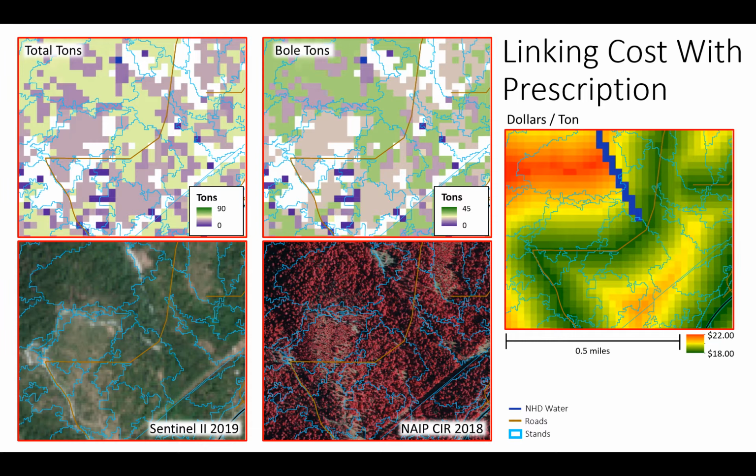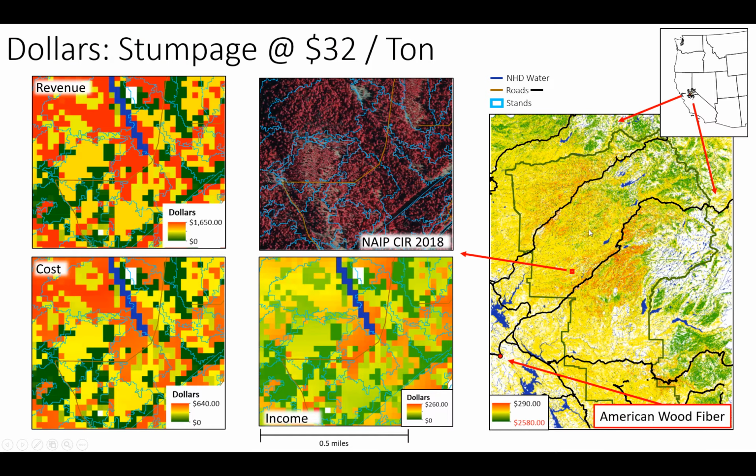And what we can see in these two upper depictions, we can look at how many total tons have to be removed to meet our desired condition. And of those total tons, how many of them correspond to the bole of the tree, given our 15% linkage, that would correspond to dimensional type lumber versus chips for some sort of bio pellet mill or something like that. And we can combine all that to get at what is the actual implementation cost, what's the dollar per ton to move said material.